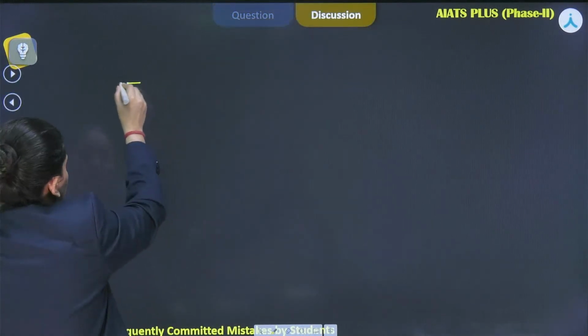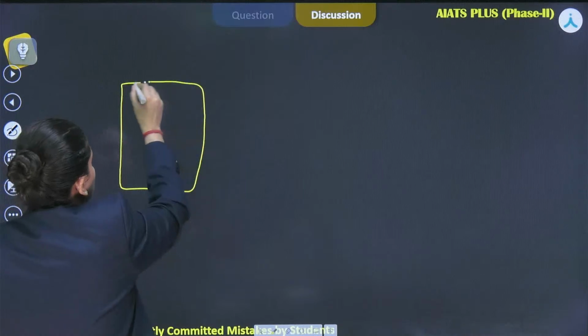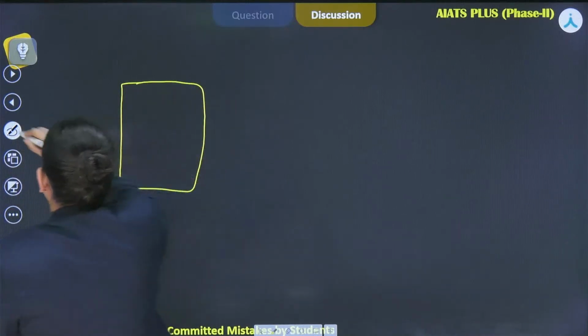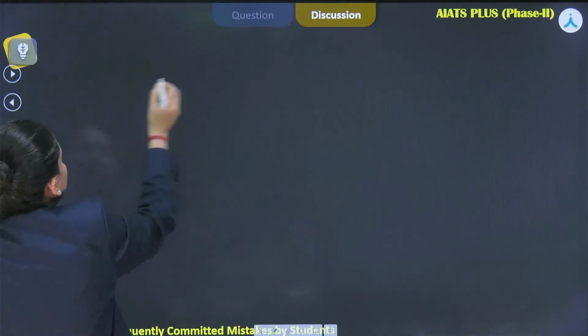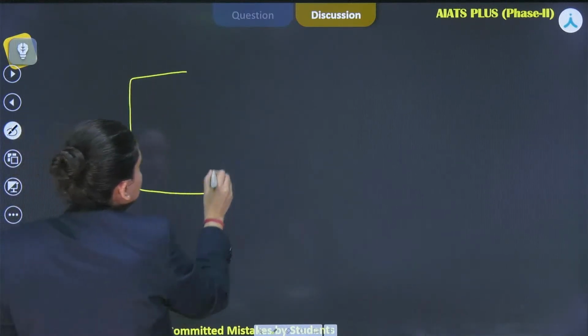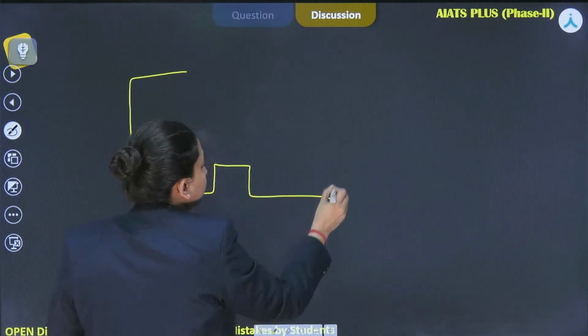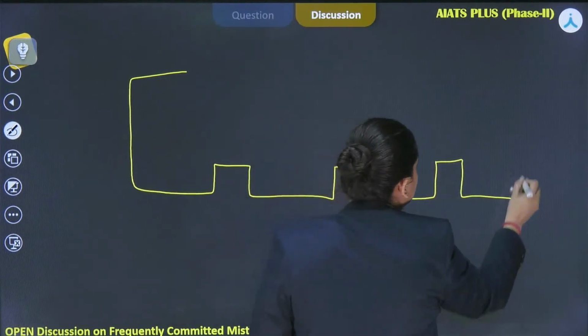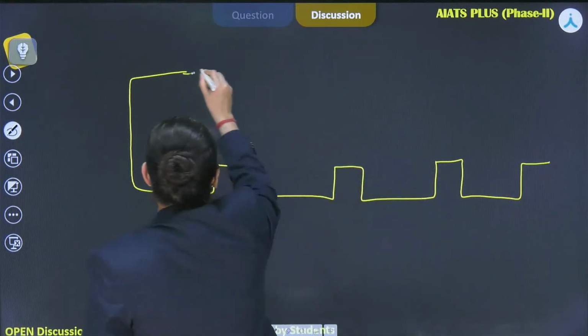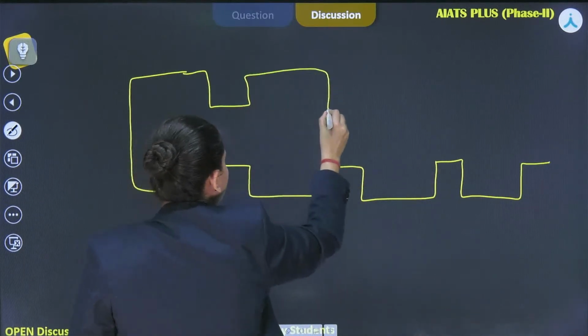let's suppose this is an epidermal cell, right? So let's say we have got an epidermal cell, then we have a cortical cell, then we have an endodermal cell, further the pith, and finally xylem, right? Let's suppose we have got these sort of things.